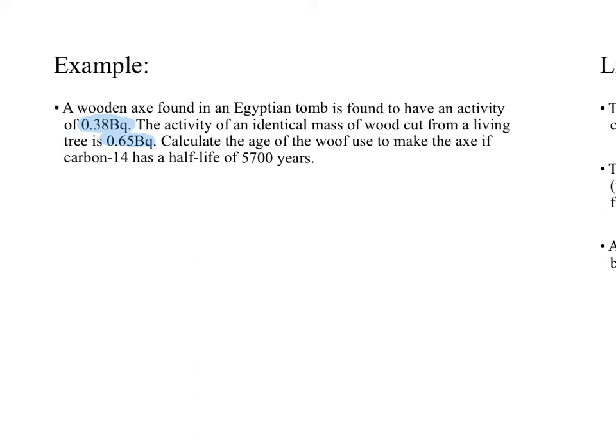Basically it's telling me that the original activity of a similar wood is 0.65 becquerels, but the one that we found in a tomb is 0.38 becquerels. So obviously after the years, the activity of carbon 14 has decreased. Calculate the age of the wood.